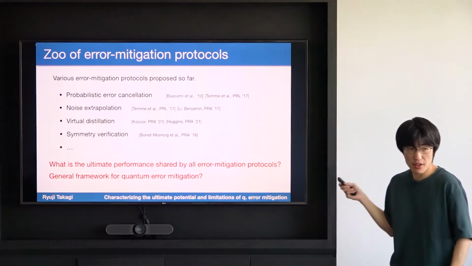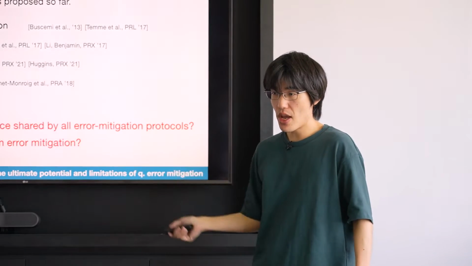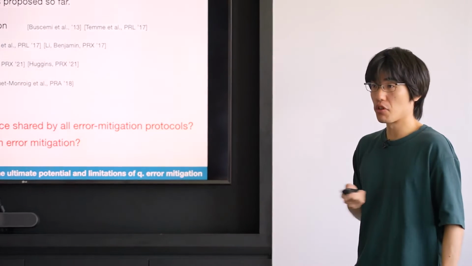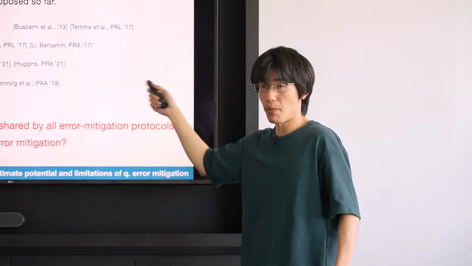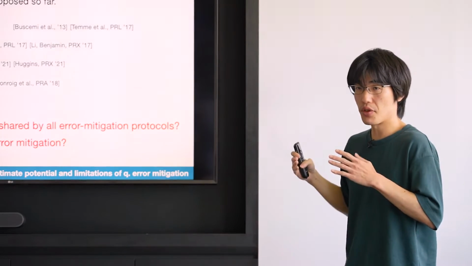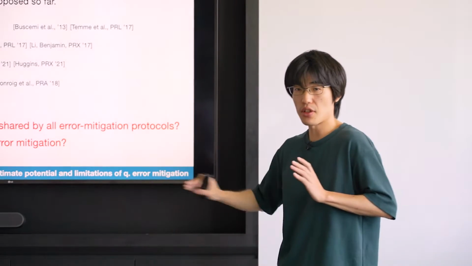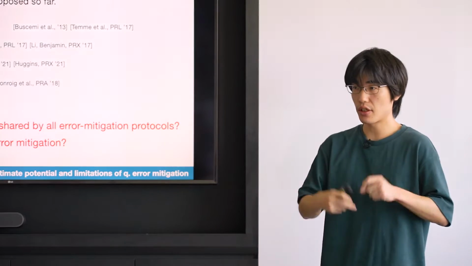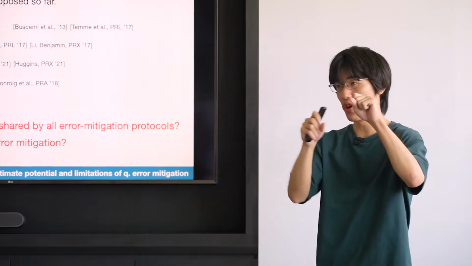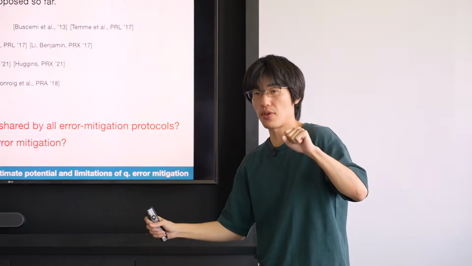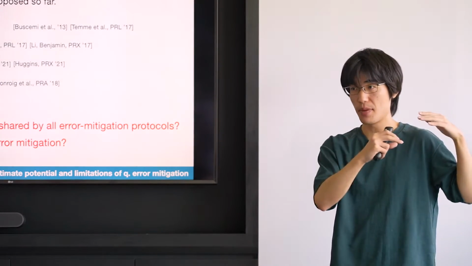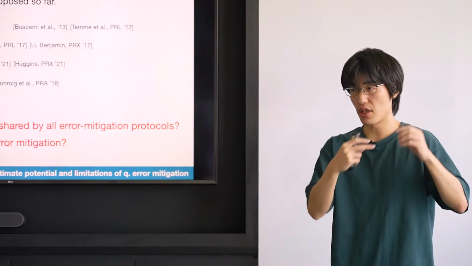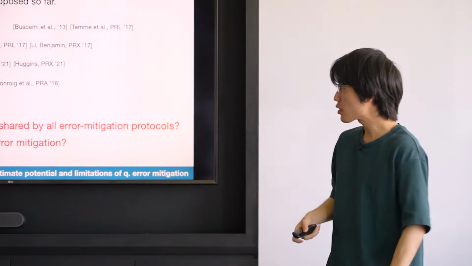Okay, so besides this probabilistic cancellation, there have been many error mitigation protocols proposed so far, like noise extrapolation, where you try to boost your noise strength artificially and estimate the expectation value for each point of the noise strength, so that you can extrapolate to the noiseless limit and guess what the noiseless situation was.